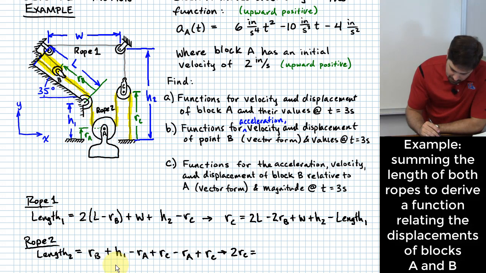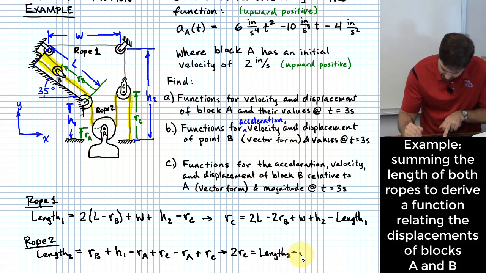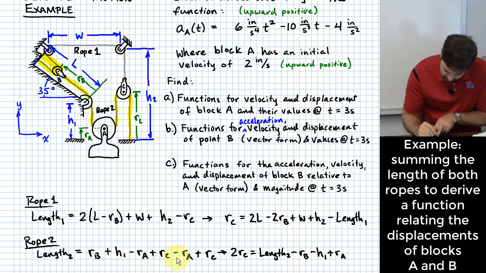It's going to be equal to length 2, okay, minus R sub B minus H1 plus R sub A. Okay, got my R sub C's collected, plus another R sub A.